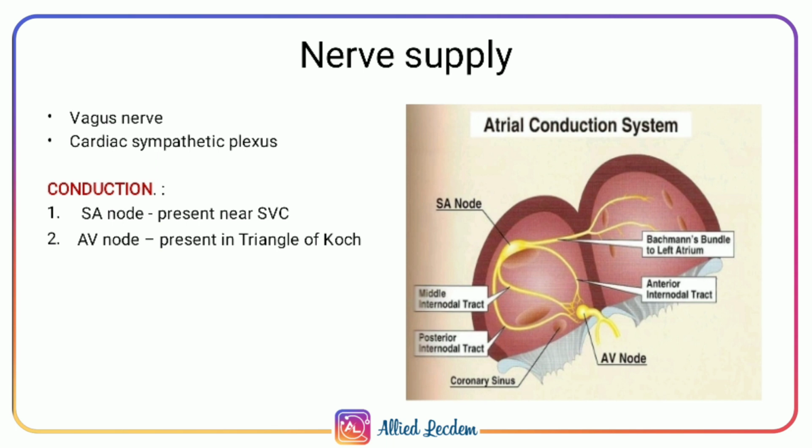The conduction system of the heart originates from the SA node. The SA node is present in the superior part of the RA near the SVC. The SA node has several branches.